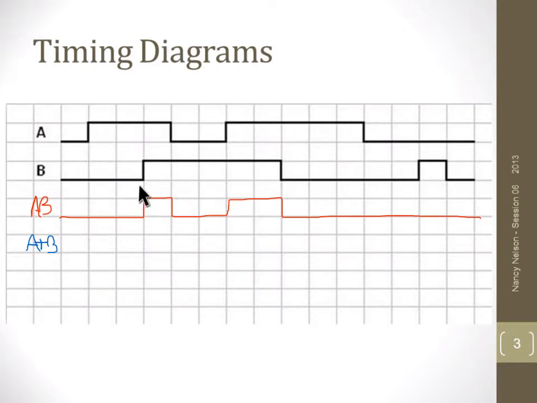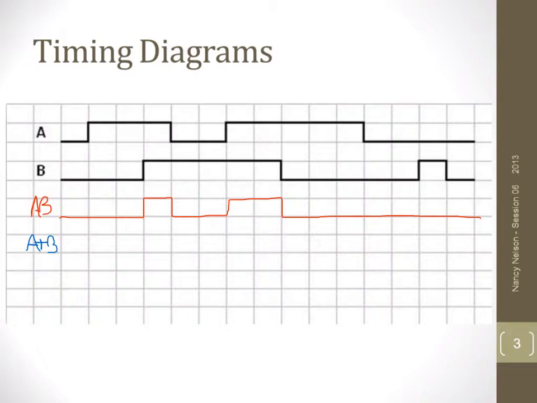B changes, but A is already high. Now B stays high, so our output's going to stay high. A is high after B drops down, so our output should stay high until here. Here we have a very short period where both A and B are low, so our output should go low. Here B is high again, so our output will go high, and finally we'll drop down and end with a low because they're both low here.